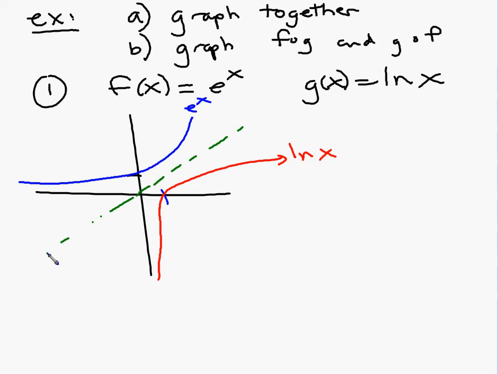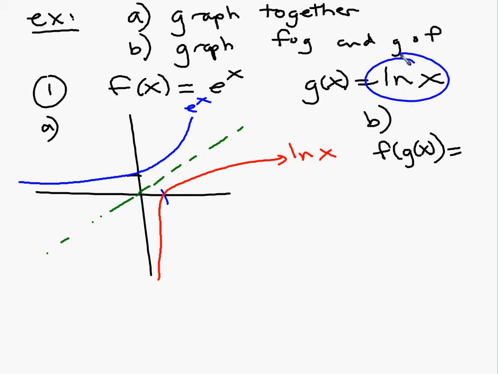Now, part B, graph f of g and g of f. This is part A. Part B, well, what is f of g? If you were doing this on your graphing calculator, you would be plugging g into f right here.